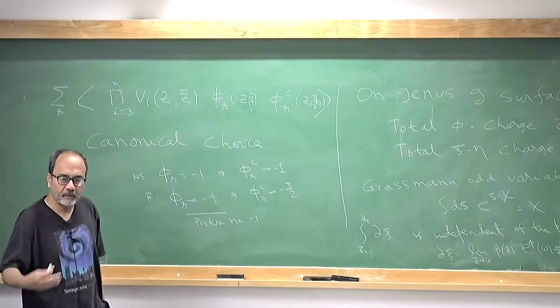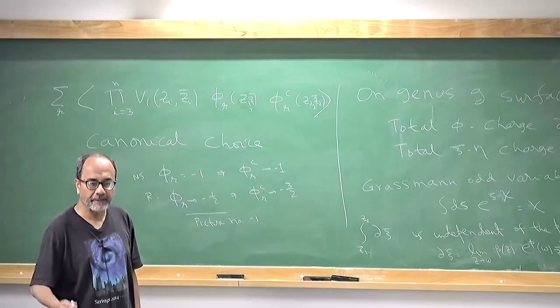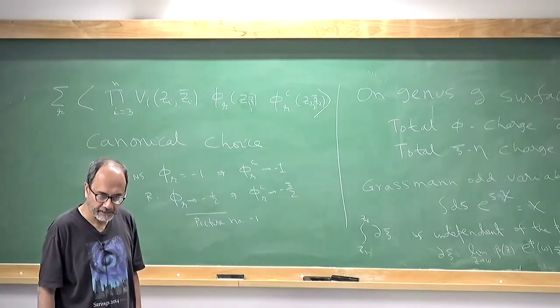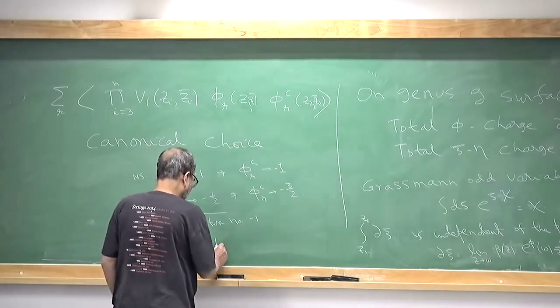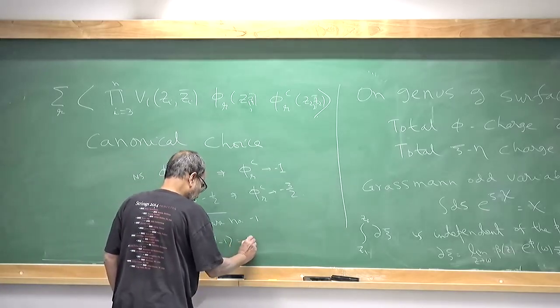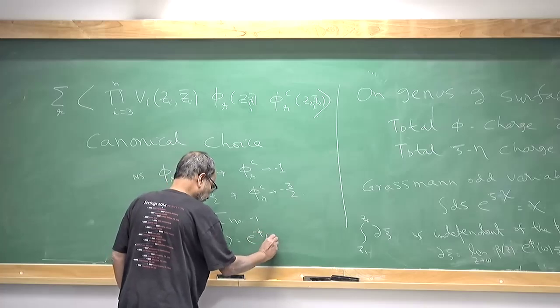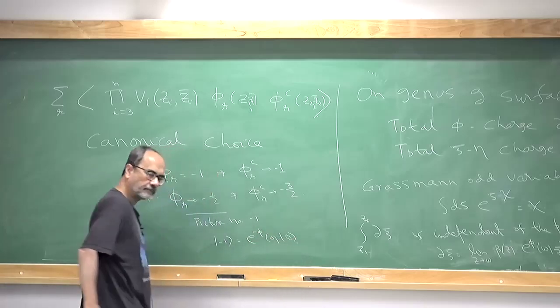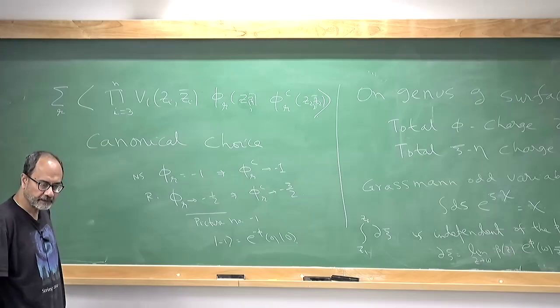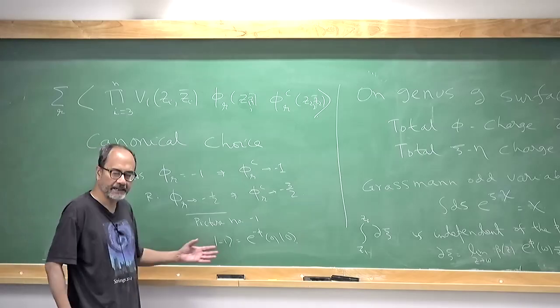Let's look at the kind of basis states that we'll get in picture number -1. One is this -1 itself, which is e to the -phi on 0 acting on the vacuum. Now you can apply beta and gamma oscillators on this, for example.